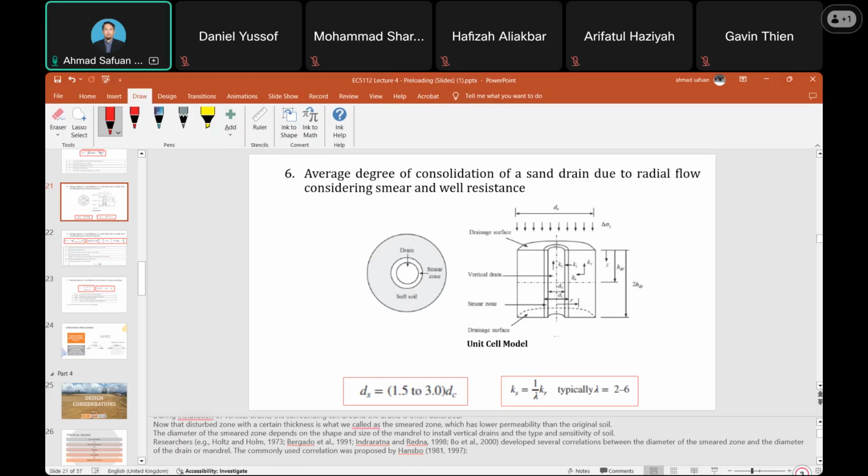During the installation, they have a mandrel, which is like a shoe, made of a rigid material, for example steel, to make it easier during the penetration and installation of the vertical drains.